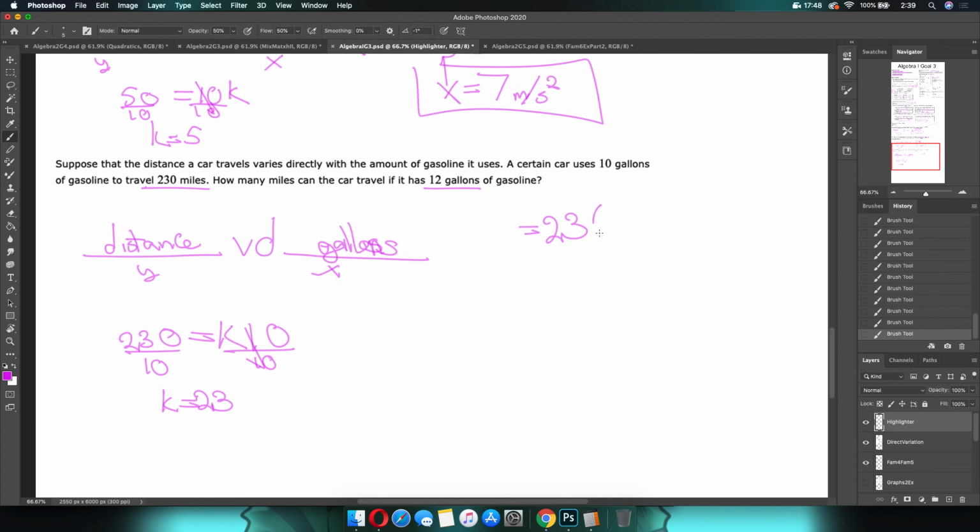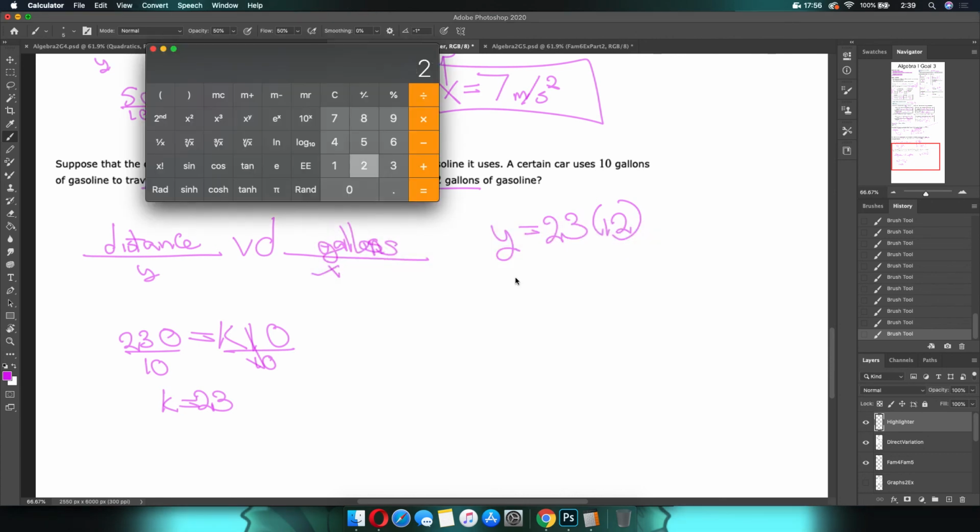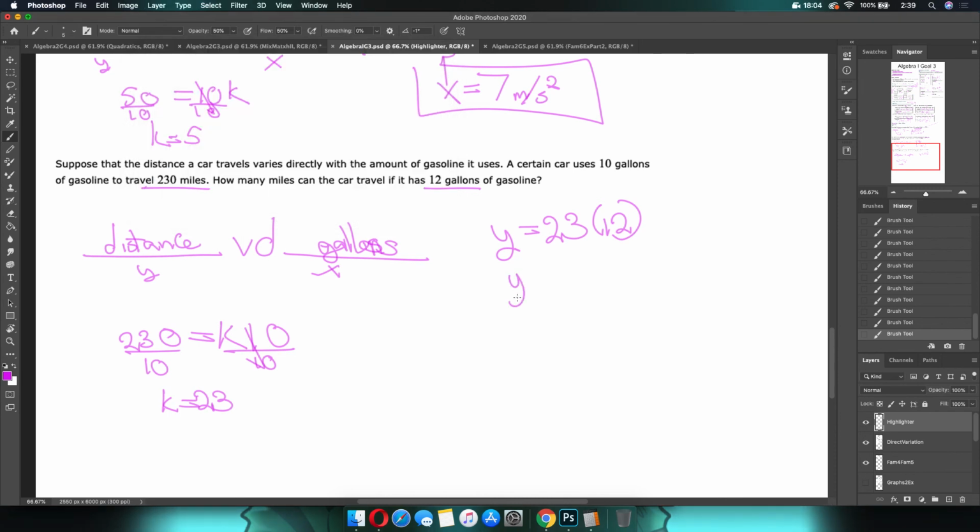Gallons is our x, so that's going to be times 12, all right? What is 23 times 12? I don't know that off the top of my head. So 23 times 12 is 276. y equals 276. All right. My computer is overclocking really bad. You can tell because of the lag.